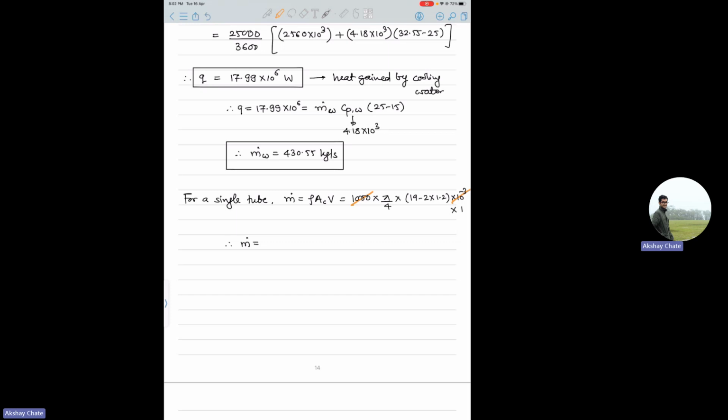And then you end up with 19 minus 2.4, which will be 16.6, into pi divided by this.